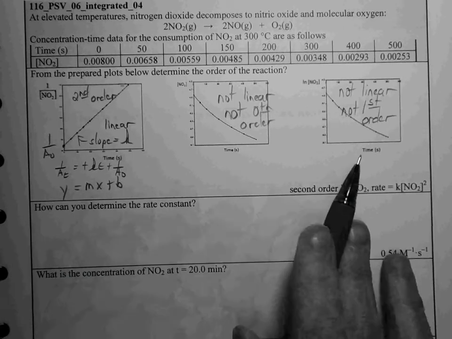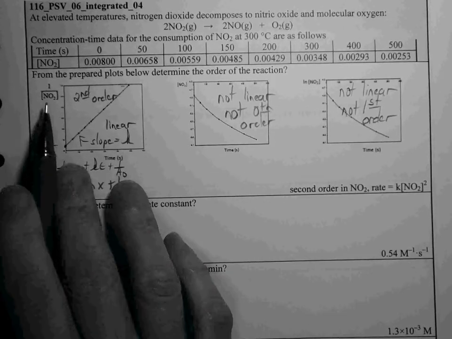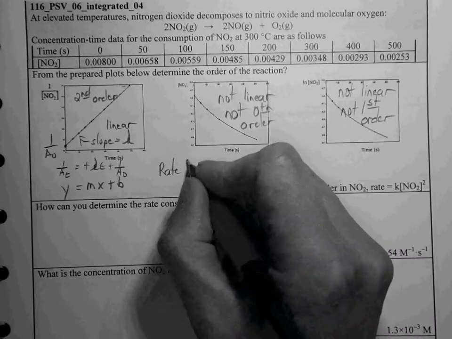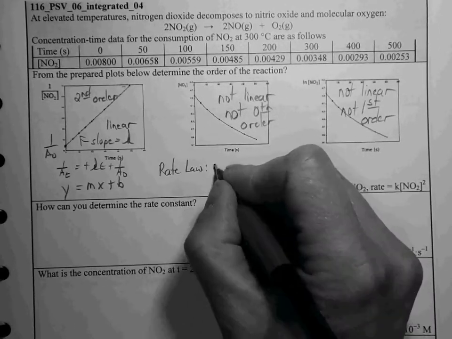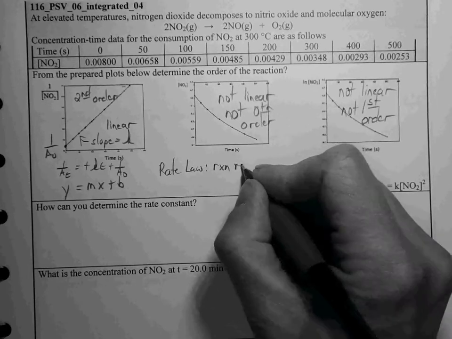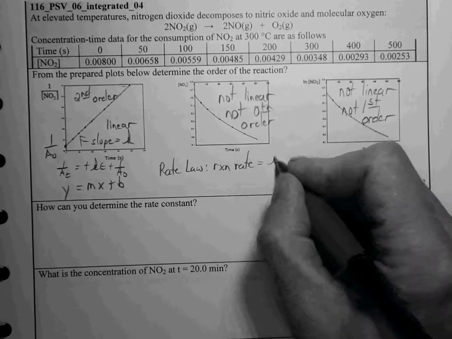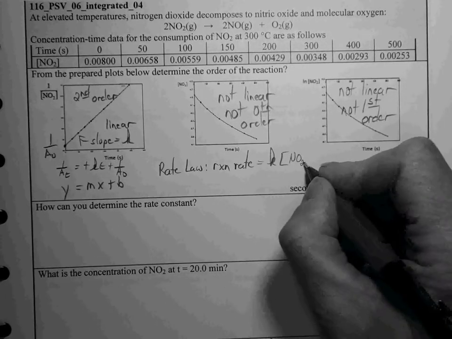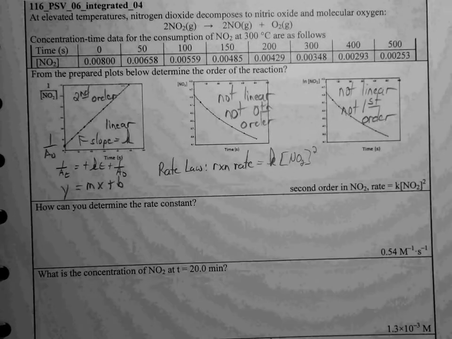So the reaction is second order with respect to NO2. We can write our rate law: the reaction rate is going to be equal to some rate constant k times the concentration of NO2 raised to the second power.